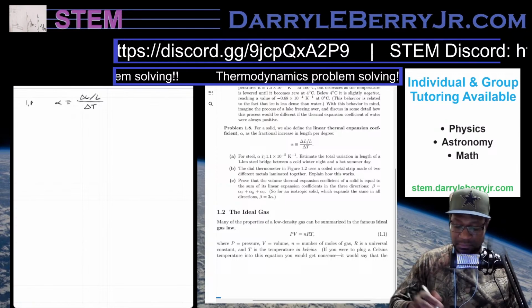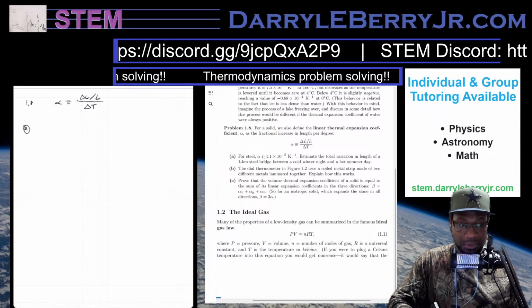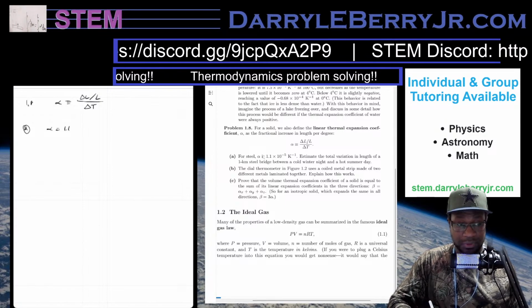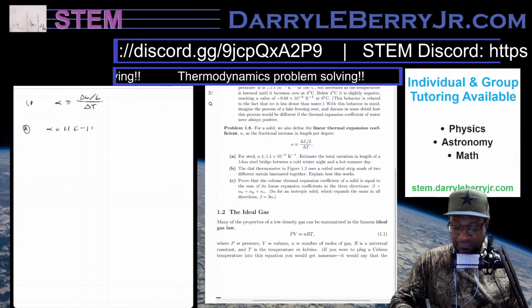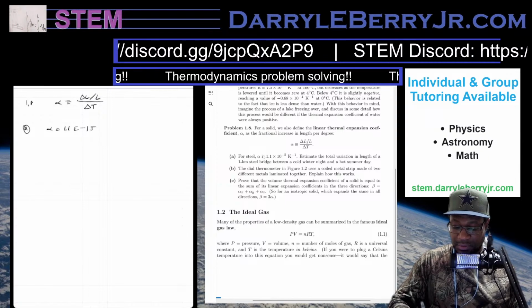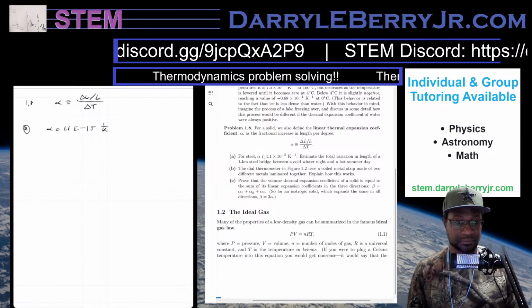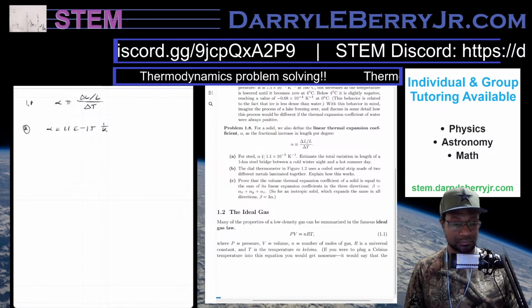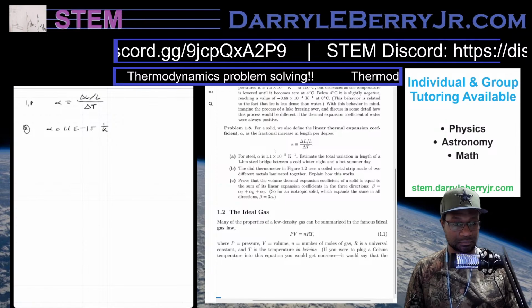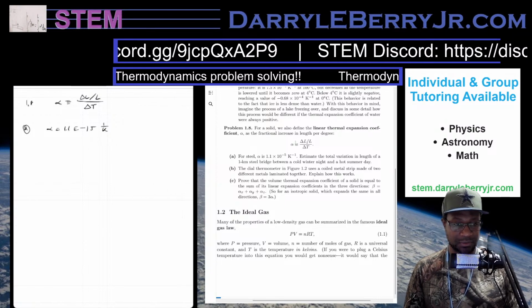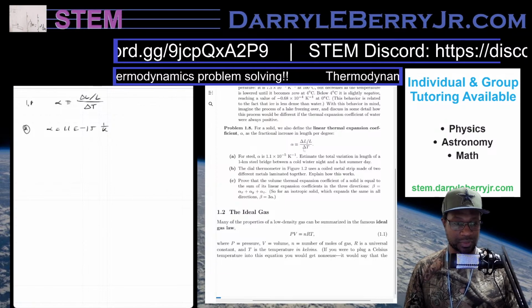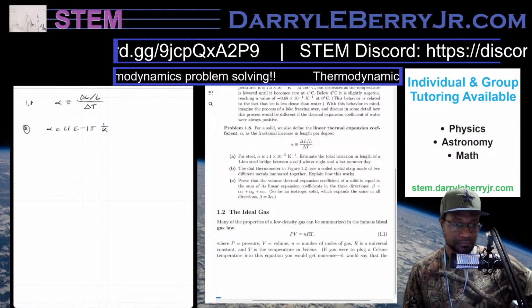For steel, alpha is 1.1 times 10 to the negative 5, 1 over Kelvin. And that's because the units in the numerator cancel, so you're left with just 1 over Kelvin.